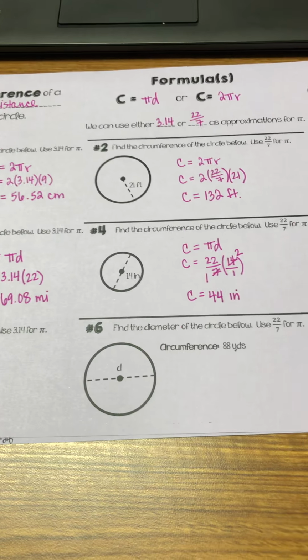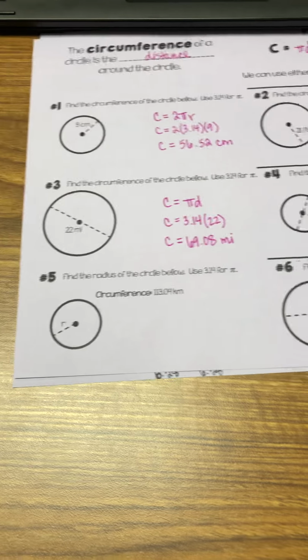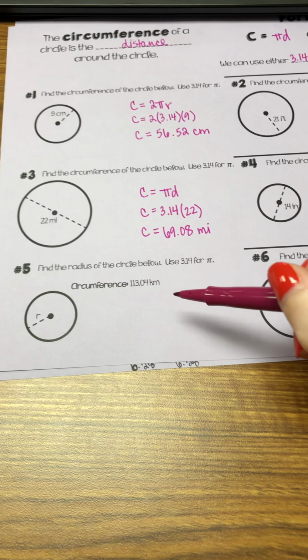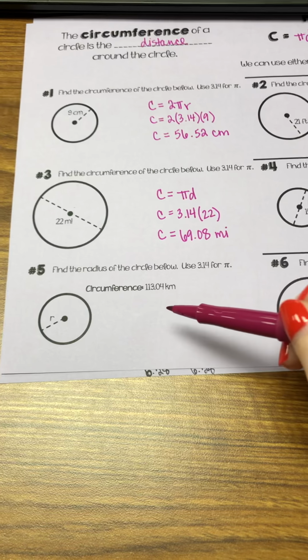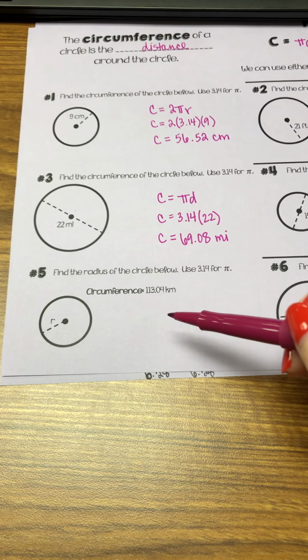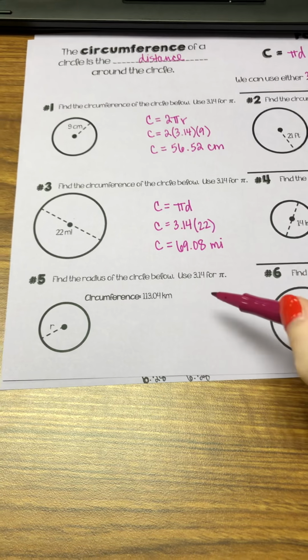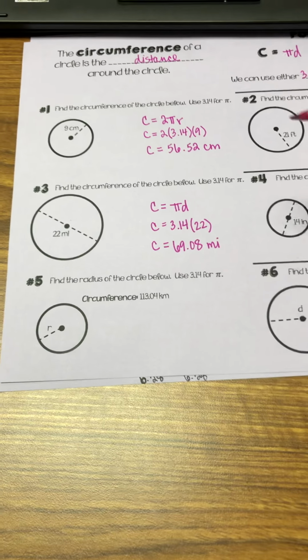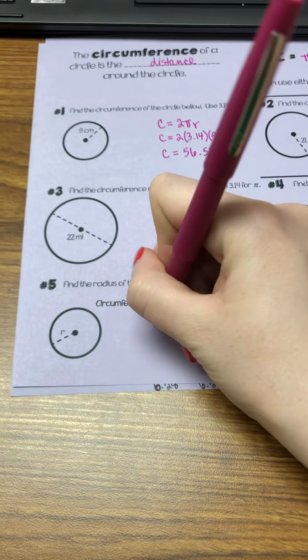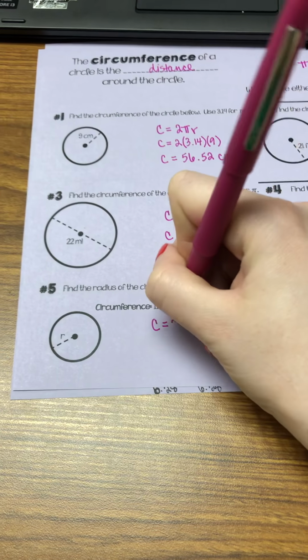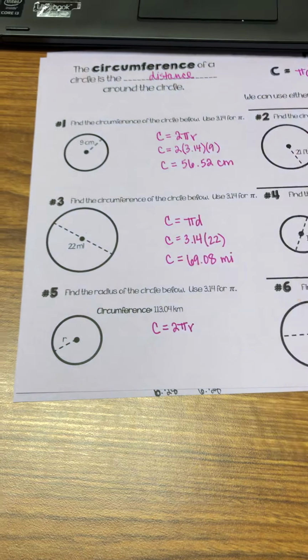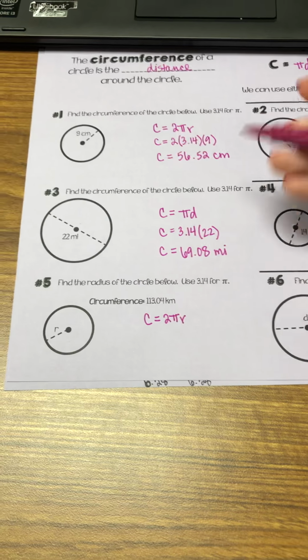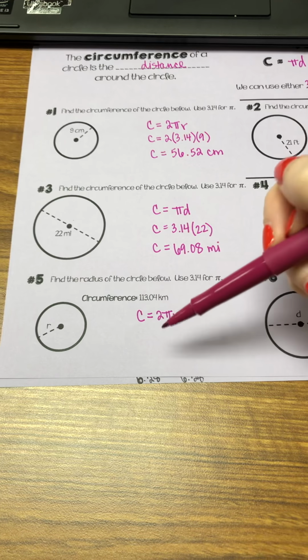Okay? Now, the last 2 problems, we're going to have to kind of work backwards. So number 5 says, find the radius of the circle below. Use 3.14 for pi. So they just gave me radius, so I'm going to use the formula c equals 2 pi r. Okay? And I'm going to substitute in the values that I know.